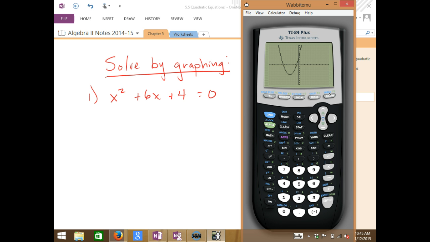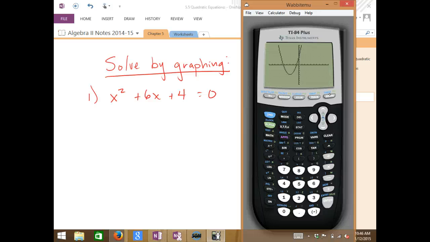Okay, so the idea of this whole thing is that originally when we set the equation equal to 0, I'm setting my y equal to 0. If you think about y being 0, where on the graph is the y always going to be 0?